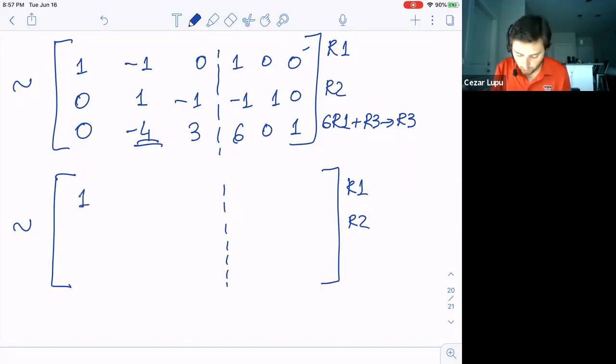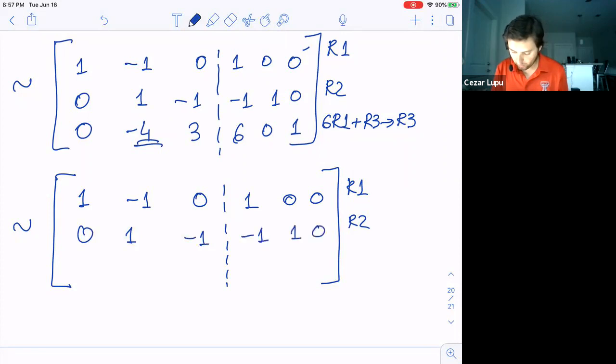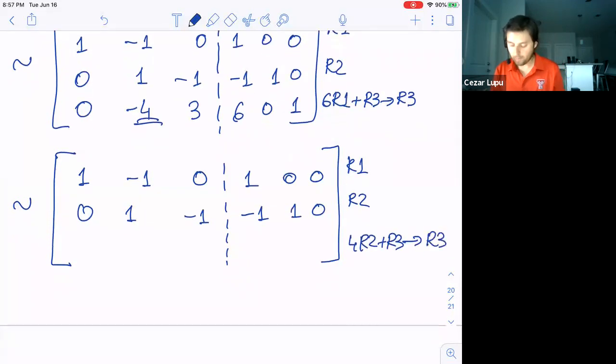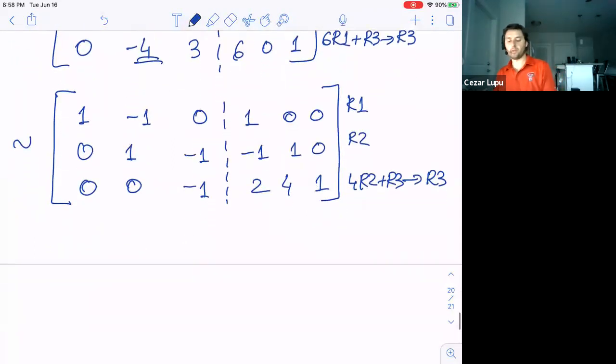So it will be 1, -1, 0, 1, 0, 0, 0, 1, -1, -1, 1, 0. And R3 now, we said 4 times R2 plus R3 will become the new R3. Okay. So that will be what? Will be 0, 0, -1, 2, 4, 1, right?